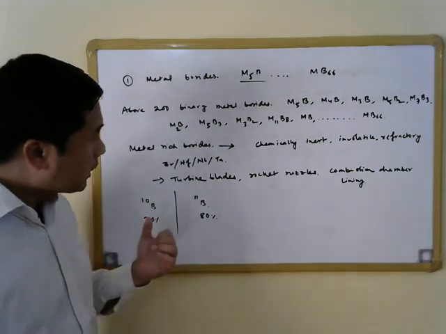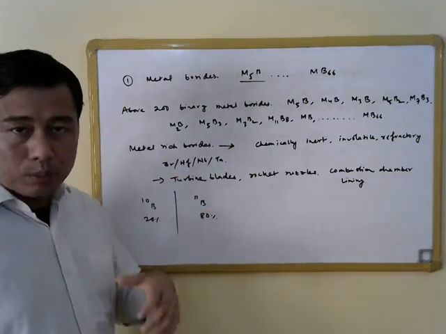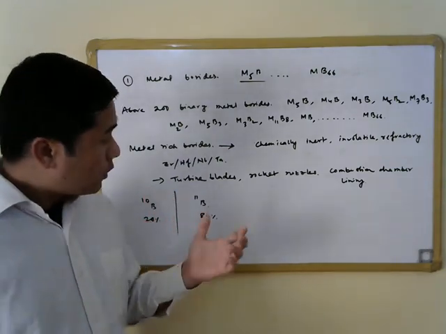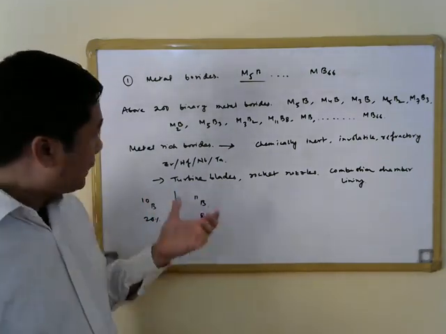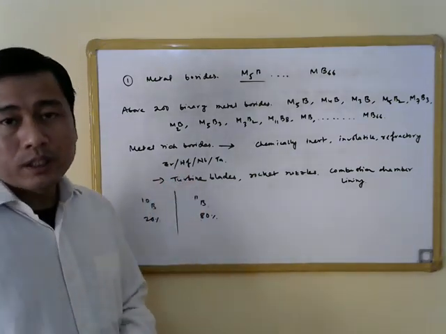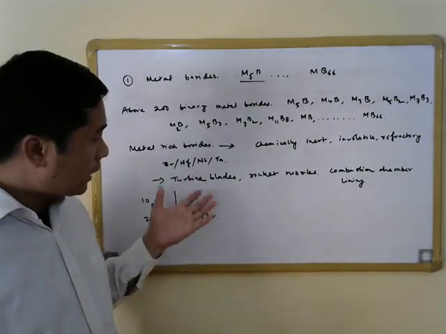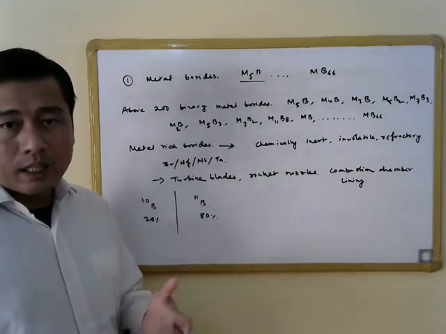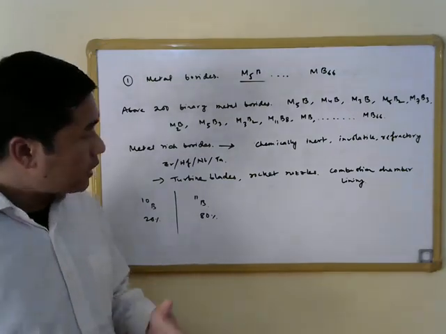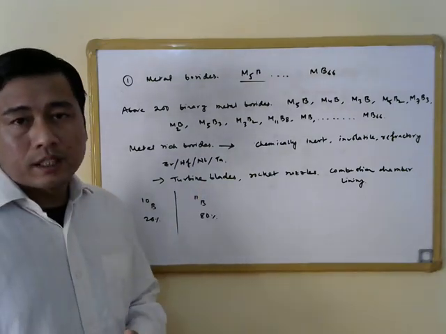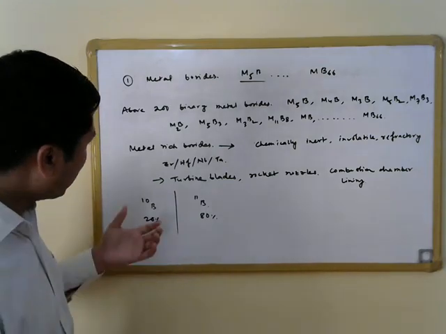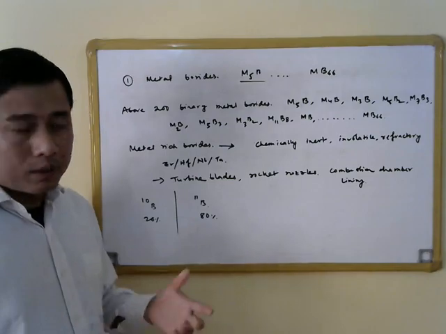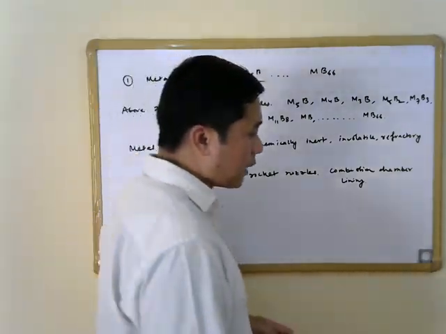So what we have seen is that apart from metal borides, boron carbides are also used in nuclear technology as control rods or nuclear shields, because they are also highly refractory and chemically inert. So both metal borides as well as boron carbides have similar qualities.